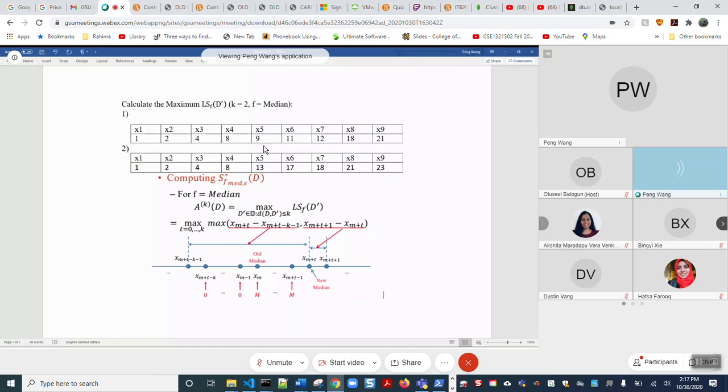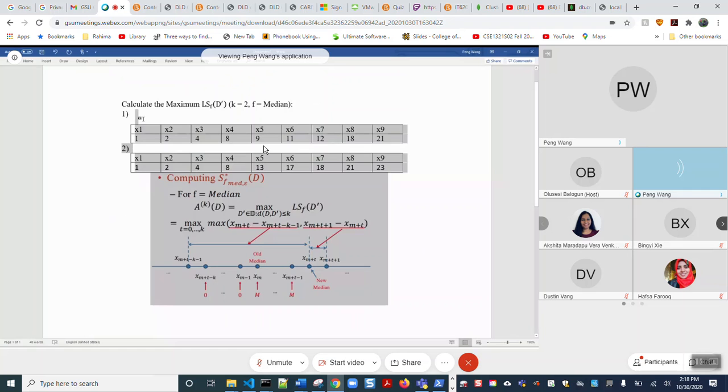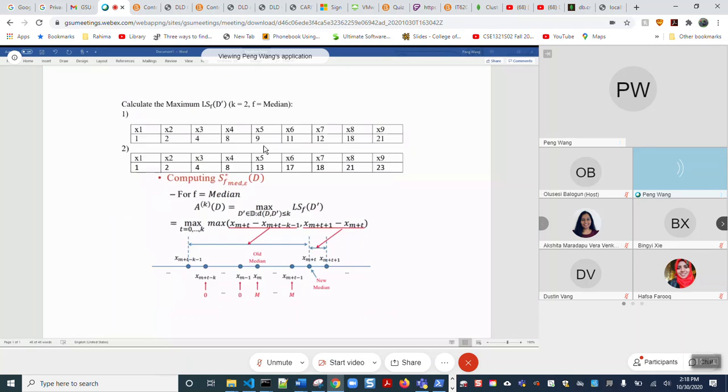That's all. Do you need me to calculate all of them step by step, or can we go to the next question? If you know this formula, you will know how to calculate it. And let's move to the next question.